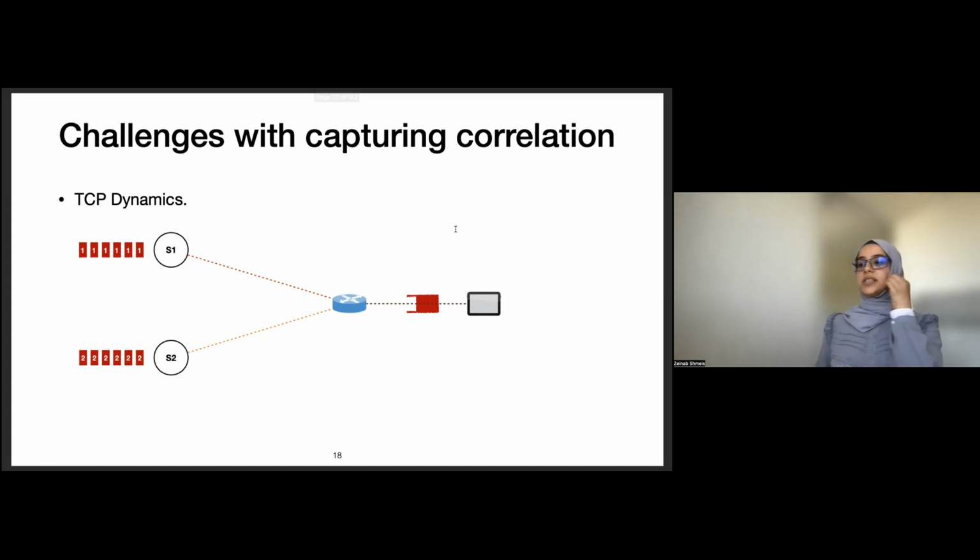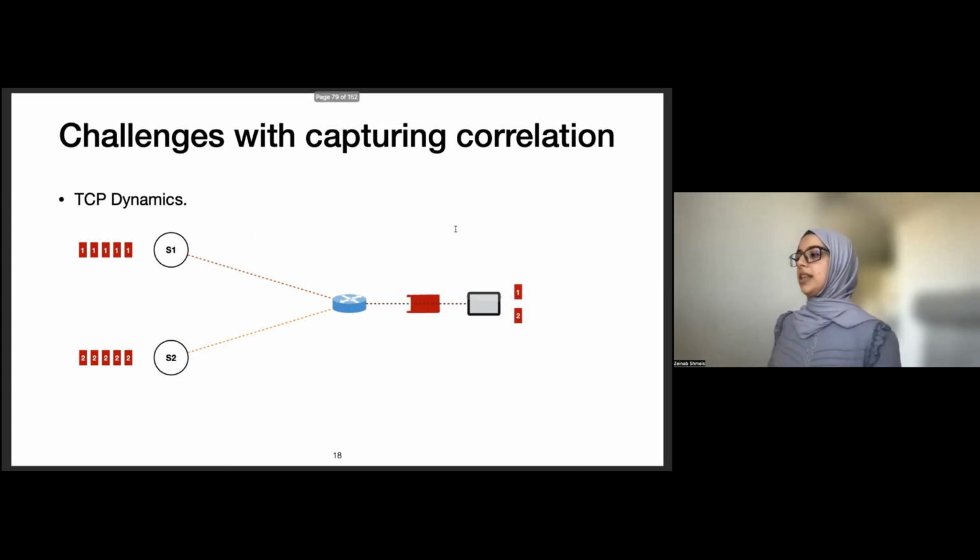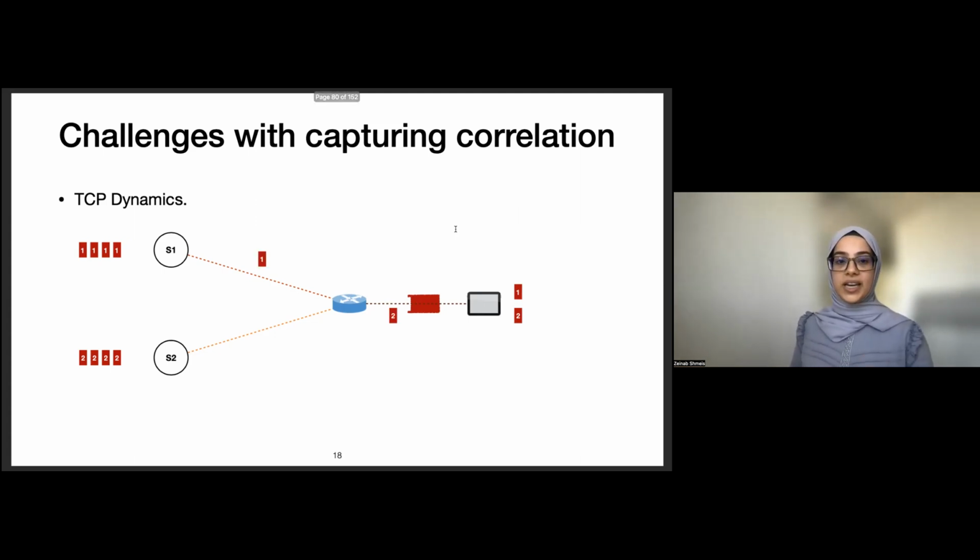So first of all, TCP. Now, UDP is usually an easy case. With UDP, you send traffic and it reaches the policer at almost the same time and goes through it. But in TCP, according to the network condition, so according to network delay and congestion, it can end up sending the packets at different times, despite our effort to try to make them go to the network at the same time.